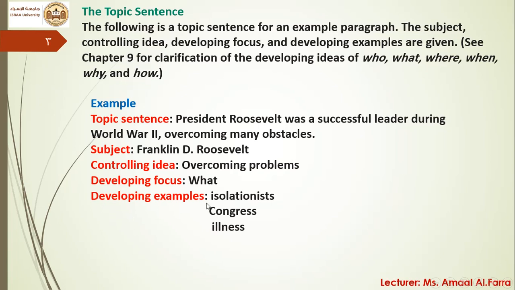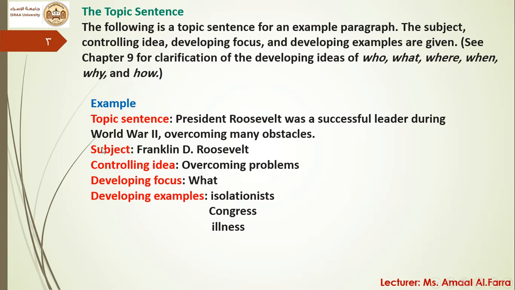Developing examples, we are going to mention some examples related to these problems. Like what? Like isolationist, Congress, illness. These are examples. So this is an outline of an exemplification paragraph, a paragraph that mentions examples.